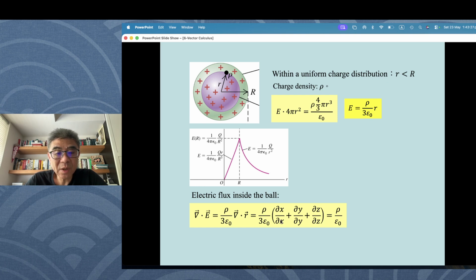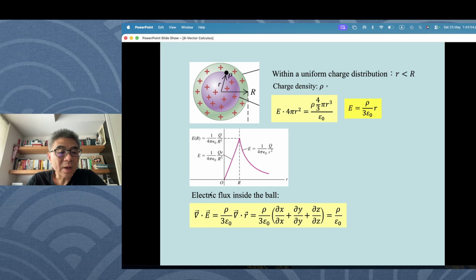Partial x over partial x equals 1, and so are partial y and partial z. So the sum of the three terms is equal to 3, and 3 cancels the 3 in the denominator. The result is rho over epsilon 0, as we would have expected from the differential form.